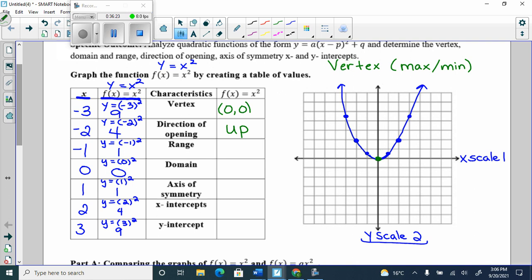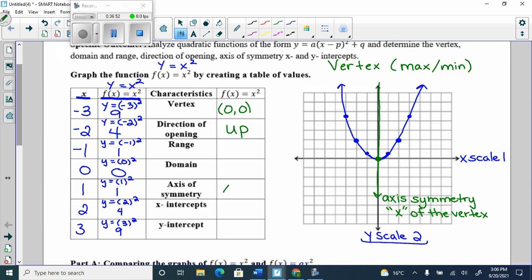So this one, what line cuts this in half? The y-axis, correct? Which is actually called the axis of symmetry, whatever this line is that cuts it in half. What's cool about it is it's the x of the vertex. Is it not? It's also an equation.